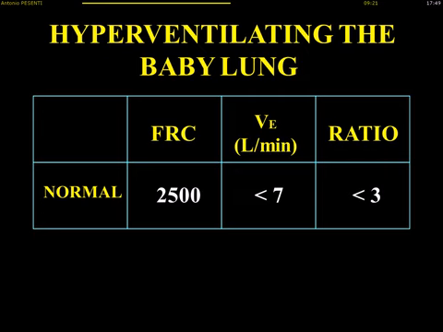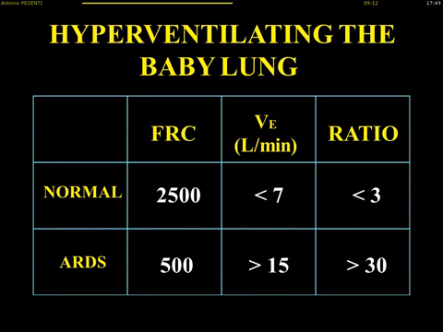If you like, you can think that 1 liter of alveoli is approximately 3 million alveoli. In ARDS, at zero end-expiratory pressure, the open alveoli may be as little as half a liter, but those patients are often ventilated at 13, 15, 16 liters per minute. So each liter of alveoli receives 30 liters of ventilation.